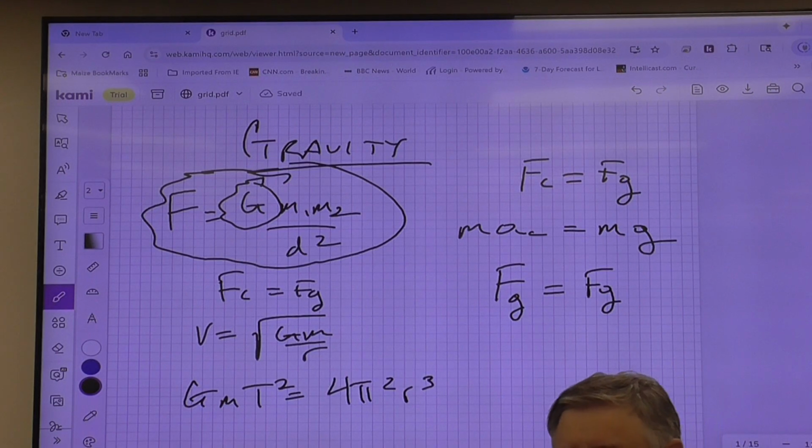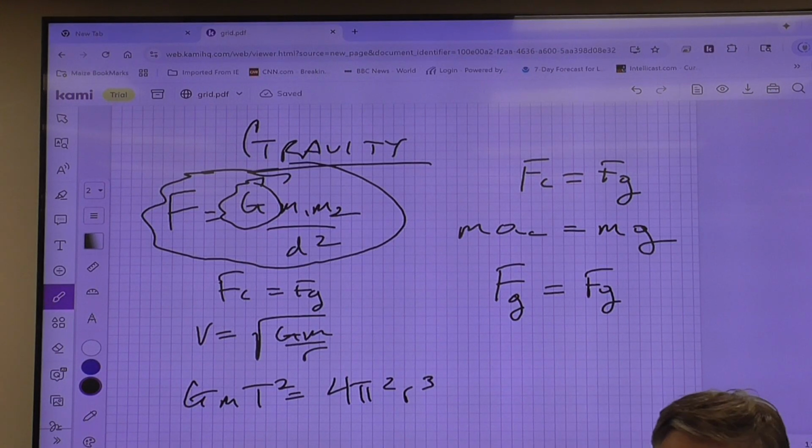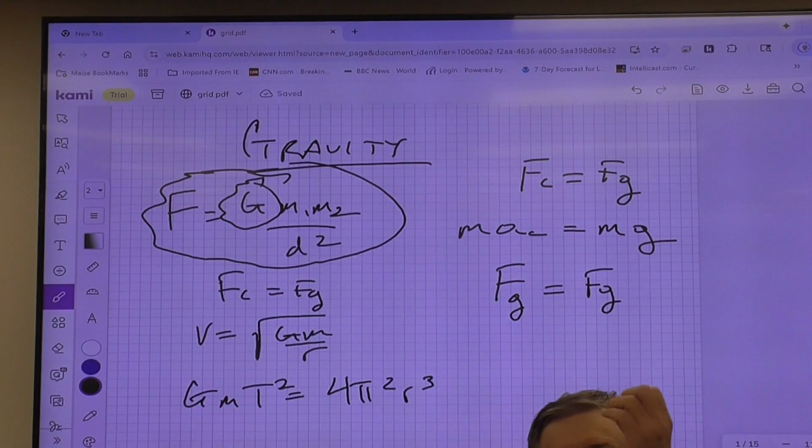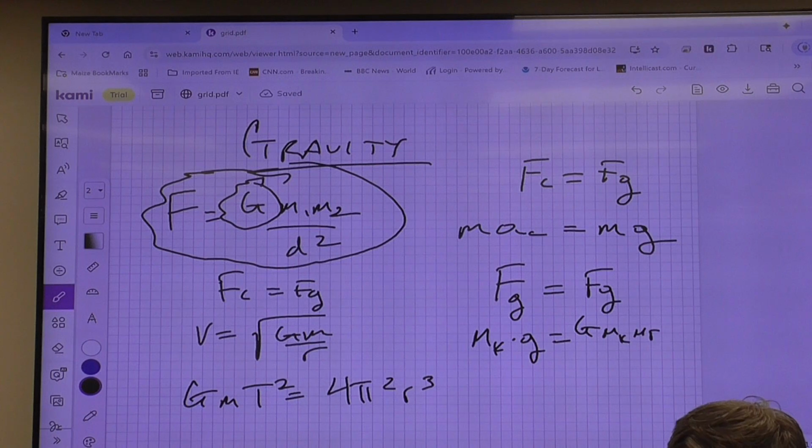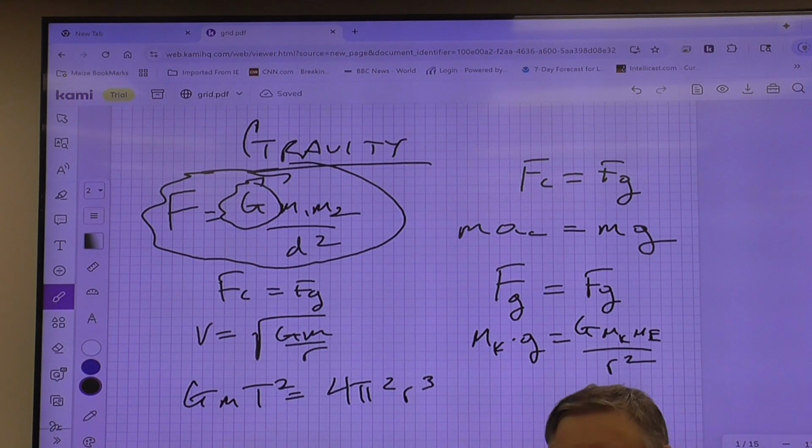Now, here's the next big idea, like we talked about. If we wanted to calculate how much Caitlin weighs, we could take the mass of Caitlin times little g, and that would equal big G times the mass of Caitlin times the mass of the Earth over R squared. Again, nothing against Caitlin, she's a wonderful person.